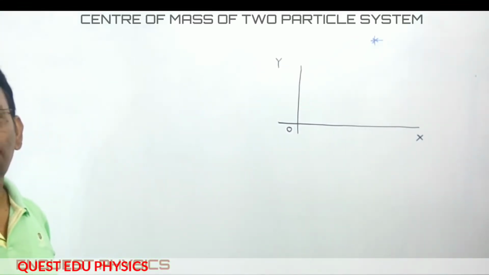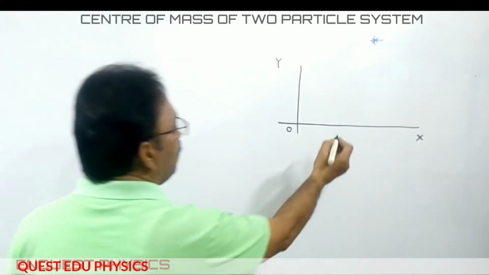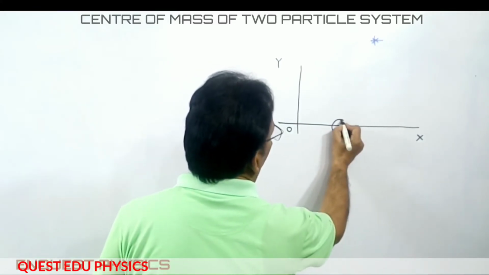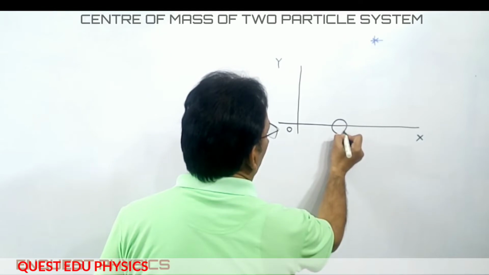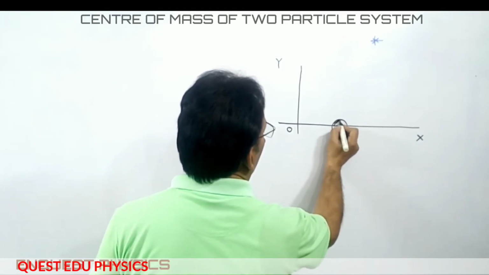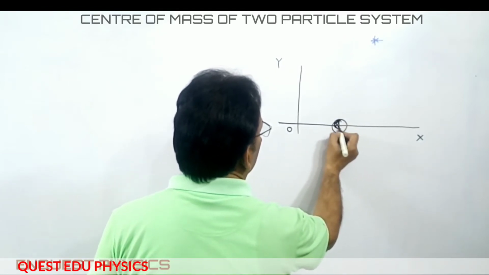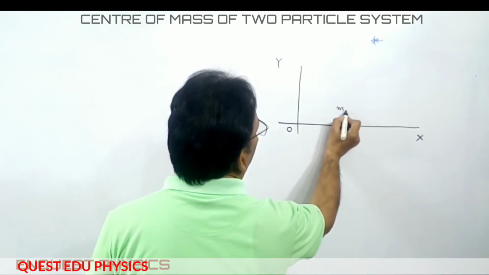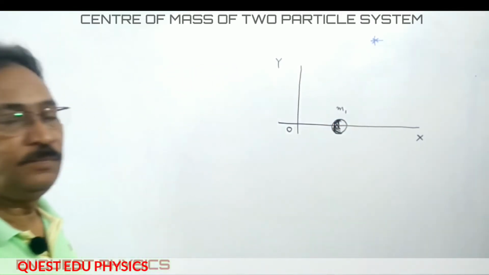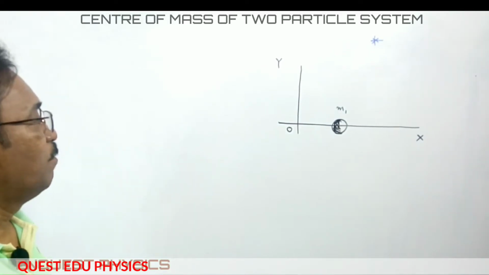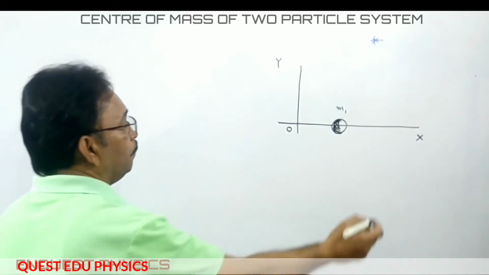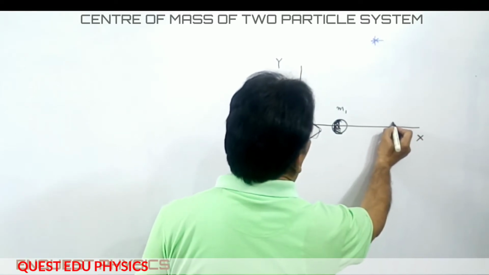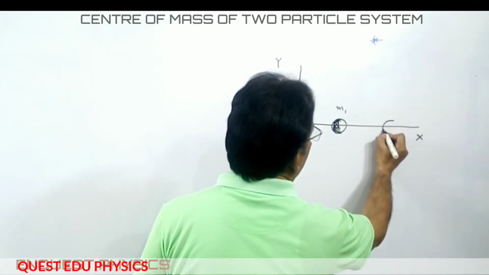Okay, students, let's say a particle or a body is kept at a particular distance from the origin and it has a mass of m1, students. Then we take one more body.